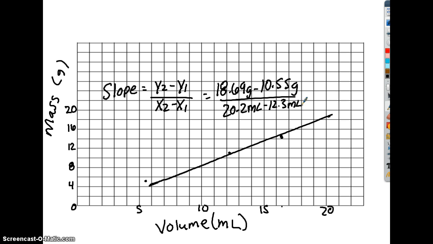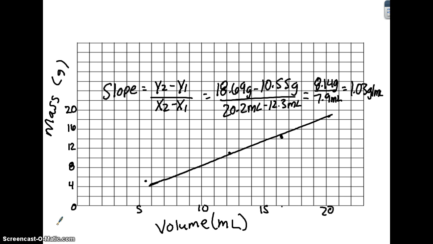You should pause and solve for this. So looking at this, I got 8.14 grams on top and 7.9 milliliters on the bottom. That would equal 1.03 grams per milliliter. So that is the slope of this.